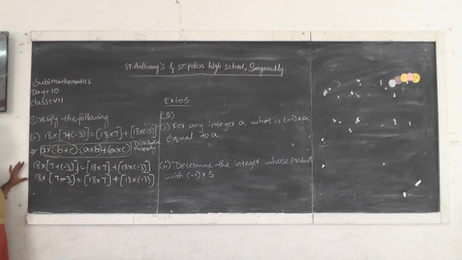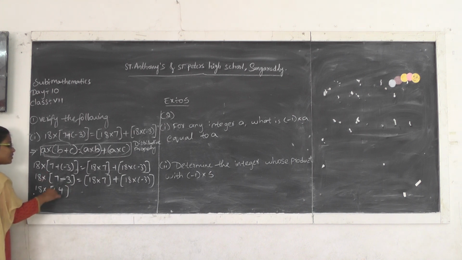So in the first step we simplified the symbols within the brackets. In the second step we simplify the bracket with the numerical terms. 7 minus 3, how much? 4. Positive 4 or negative 4? It is positive 4 because 7 has the greater numerical value compared to 3, and 7 is a positive integer.